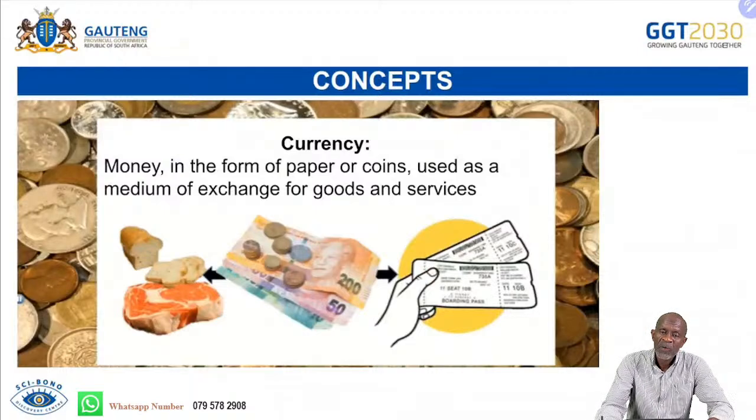Now, what is currency? Currency refers to money. This can be in the form of paper or coins, and it is used as a medium of exchange for goods and services, for products and services. If you want a good like bread, you'll have to give the seller money, and the seller will give you the bread.